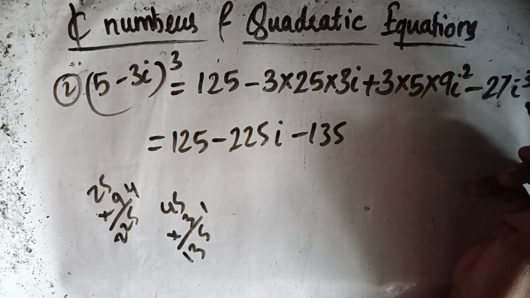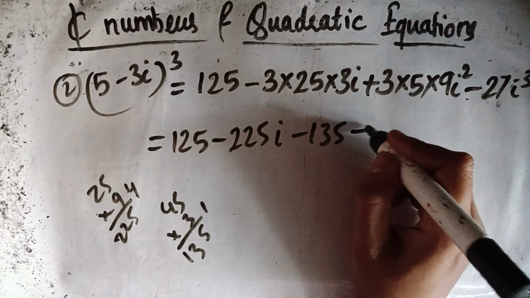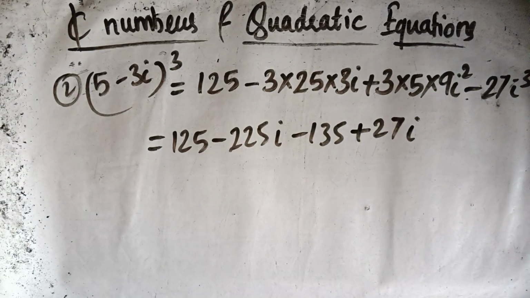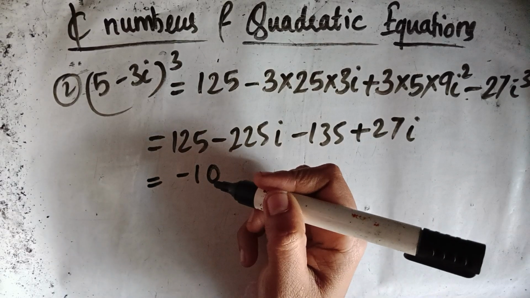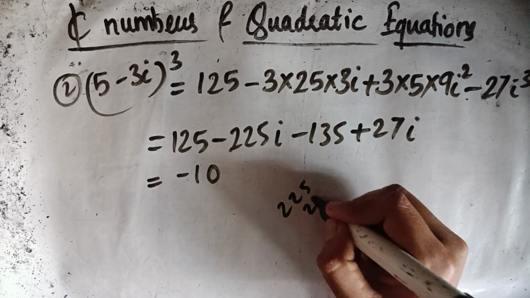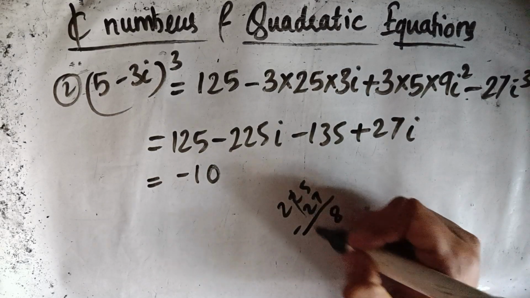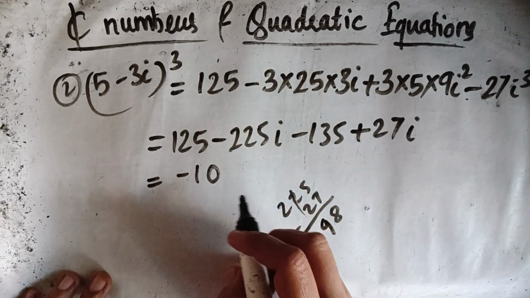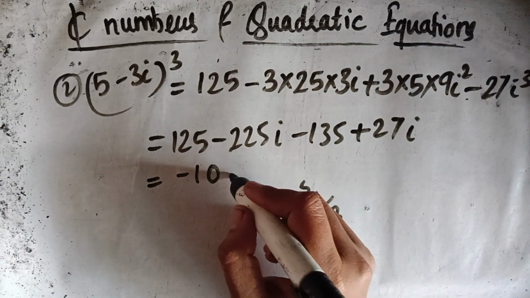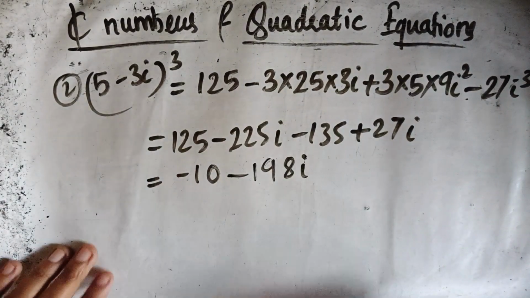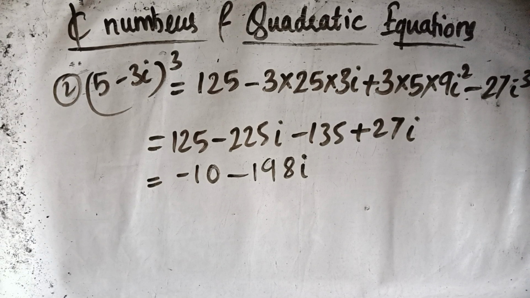And 27 i cube, i cube is minus i, minus into minus plus. 125 minus 135 is minus 10. 225 plus 27, 198... Okay. So this is in the form x plus iy.